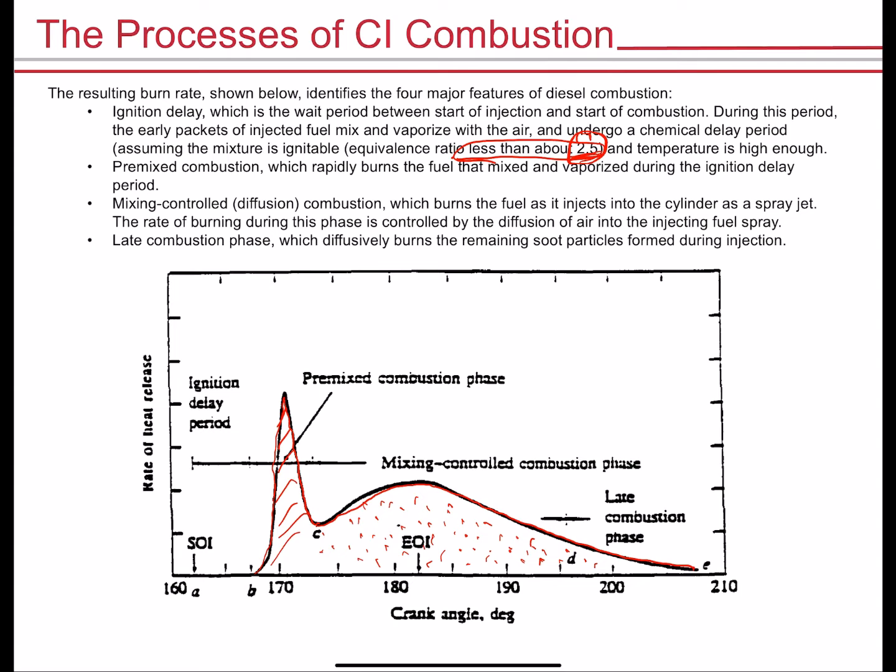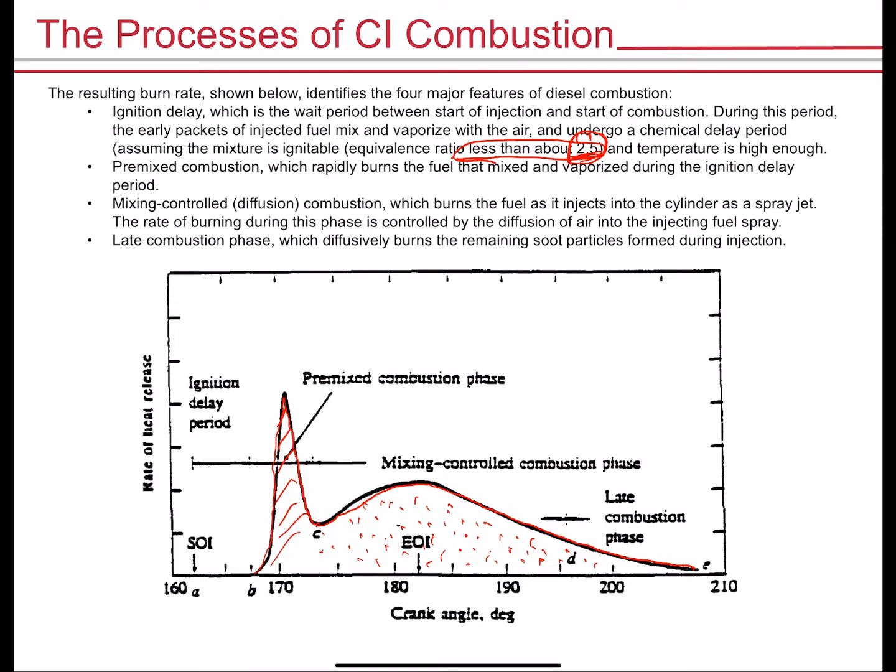Okay, that premixed combustion then, of course, rapidly burns the fuel that mixed and vaporized during the ignition delay period. Once that fuel is consumed, then you move into mixing controlled or diffusion combustion. And of course, that burns the fuel as it injects into the cylinder as a spray jet, where you have your physical and chemical processes basically taking place within that spray jet.